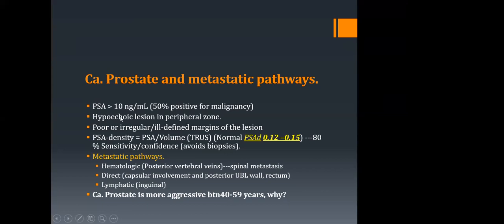Now, at ultrasound, you have a hypoechoic lesion, usually in the peripheral zone. We said at the start, the peripheral zone accounts for 70% of the malignancies. So once you find a hypoechoic lesion with poor margins, ill-defined, in the peripheral zone, the higher the chances that this is a malignant lesion.